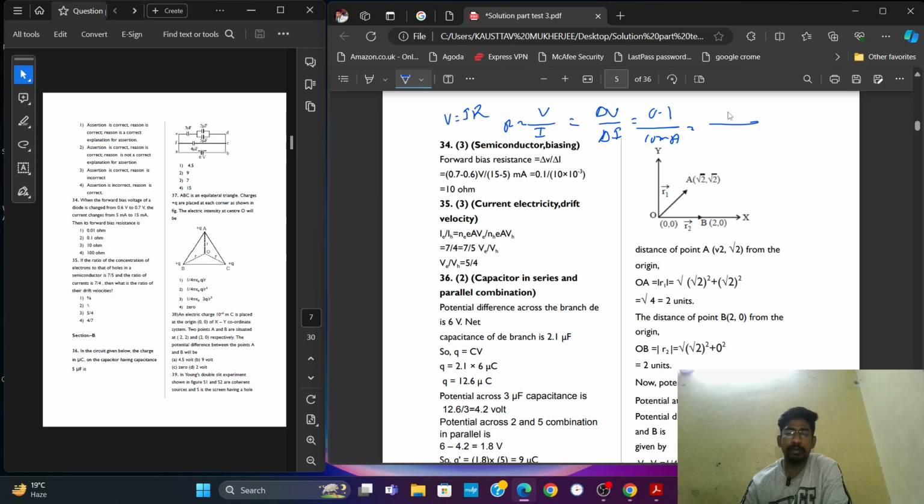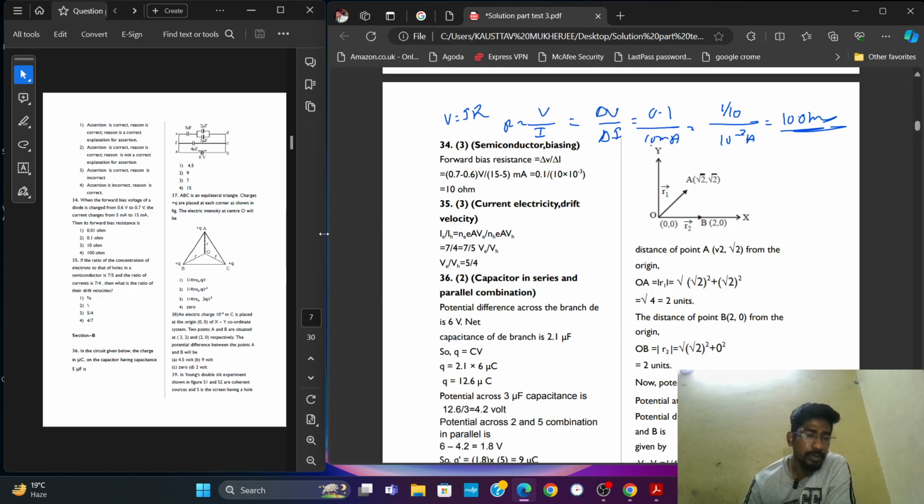Okay, so if you calculate, 10 milliampere means 10 to the power minus 2 ampere, right? So this will be 100 by 10, that means equals 10 ohm. This is the resistance. Okay, moving on to the next question.